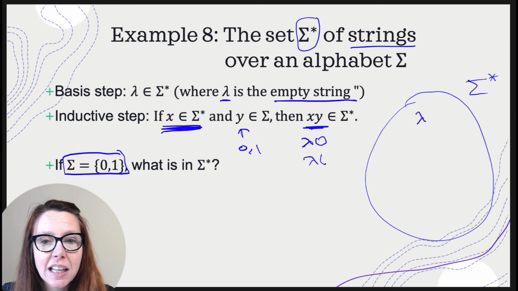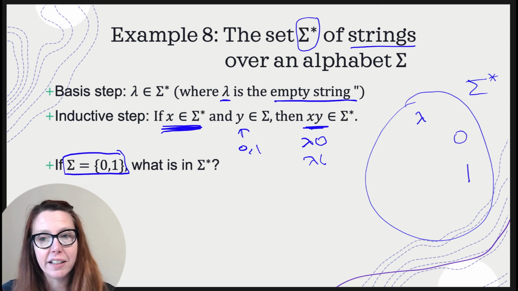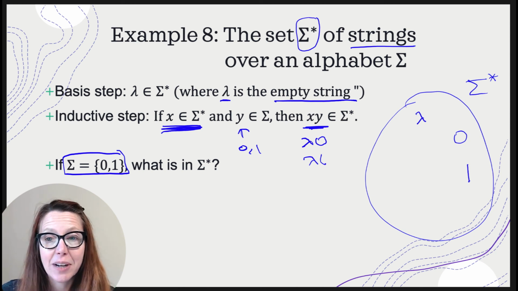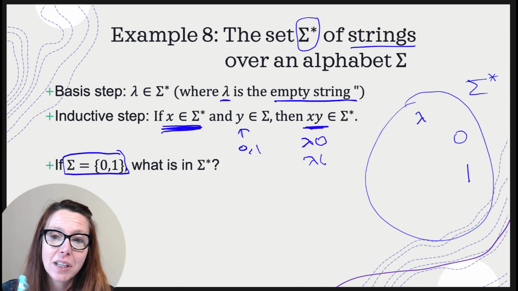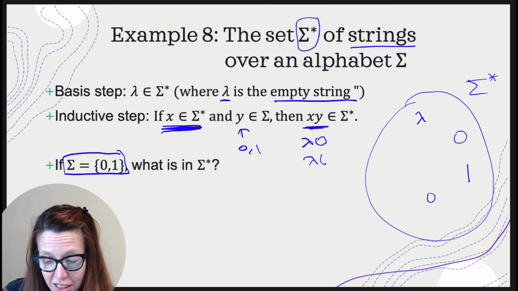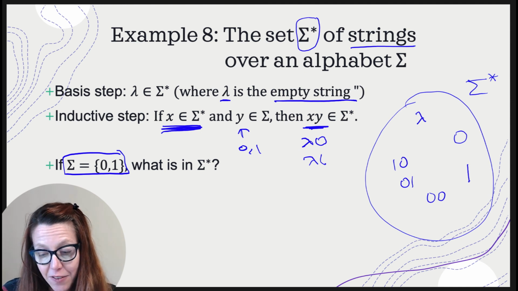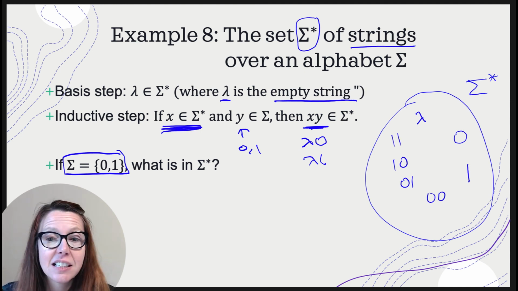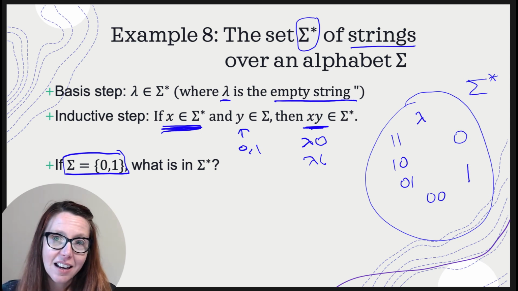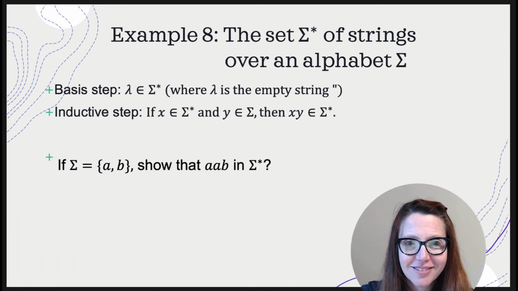But because lambda is the empty string, that means we're adding 0 and 1 to our set. On the next iteration, we can reach 0, 1, or now we get the combinations 0 0, 0 1, 1 0, and in fact 1 1. And this continues. This is how we can build up the set of binary numbers represented as strings.